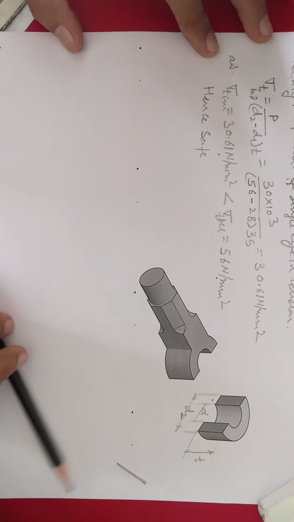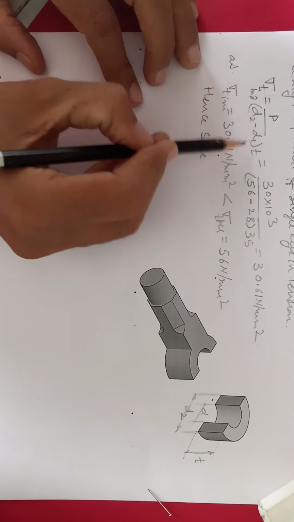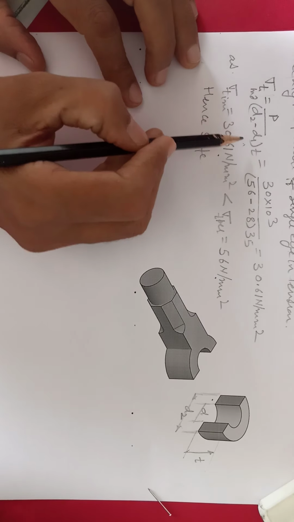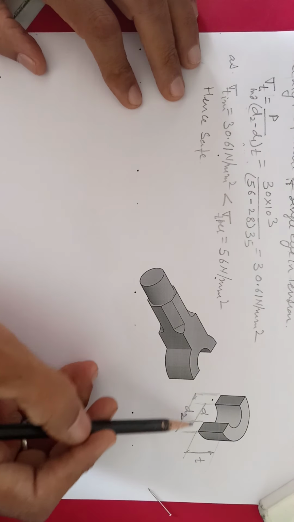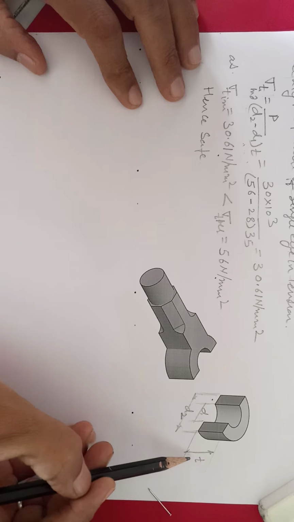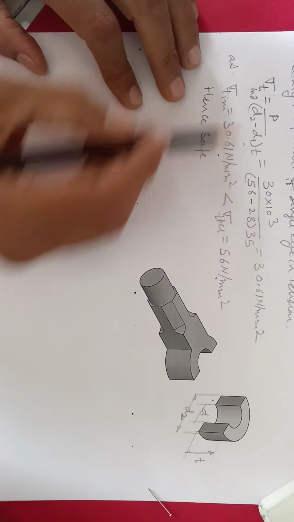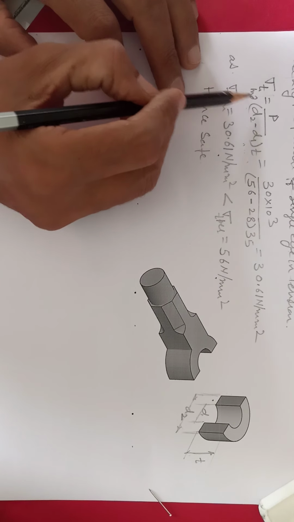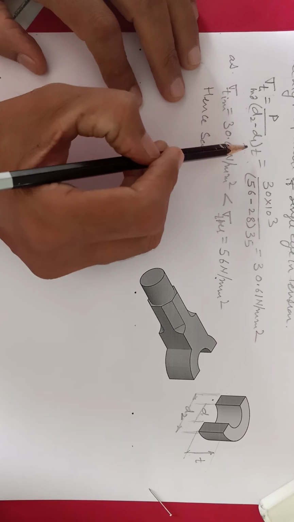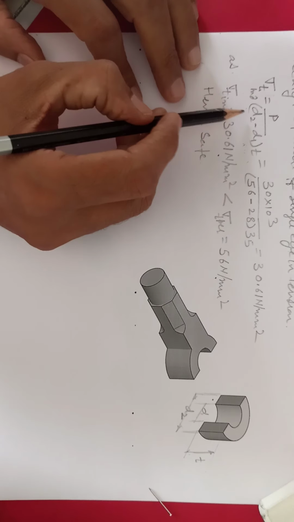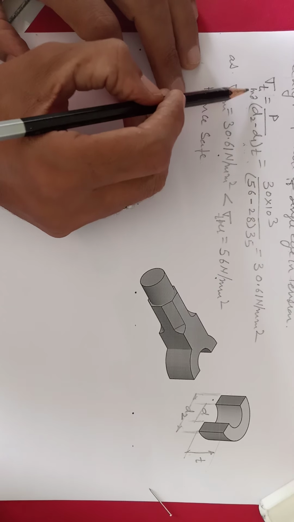Now we will check the failure of single eye in tension. This is the strength equation formed on the basis of strength of material. This is the resisting area in tension. It is calculated in this way. This is the resisting area, T multiplied by D2 minus D1. These two rectangles will be the resisting area, and the strength equation is given by sigma t induced equal to load upon resisting area, that is equal to P upon D2 minus D1 in the bracket multiplied by T. So substituting the values, we will calculate the value of tensile stresses induced in the member.